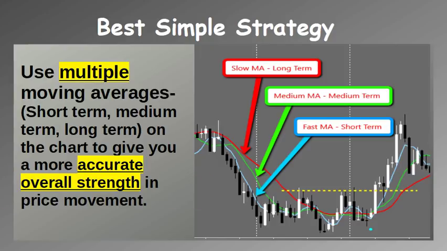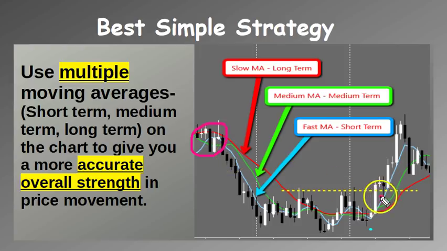And finally, the information in this video will give you a good start, but you should not trade the entries based solely on the simple moving average crosses. So right here, you can see the moving averages crossed and got into the proper alignment, with the fastest being below the midterm, below the slowest.